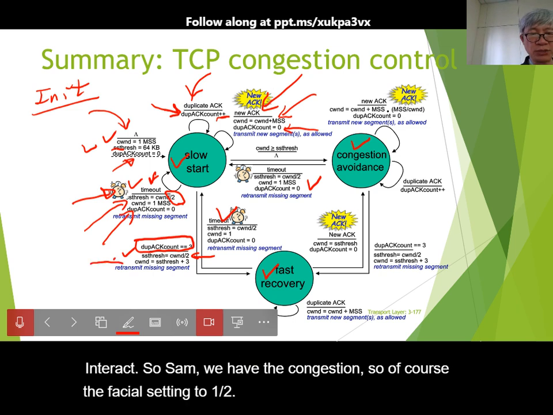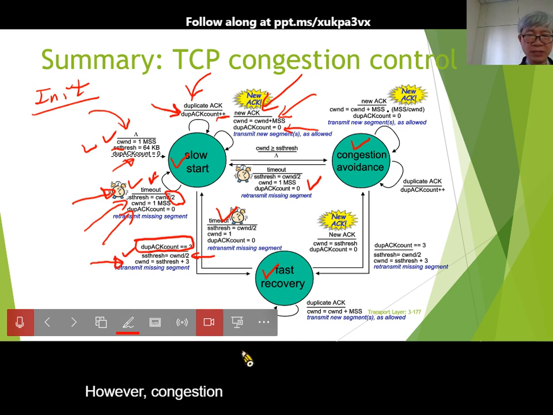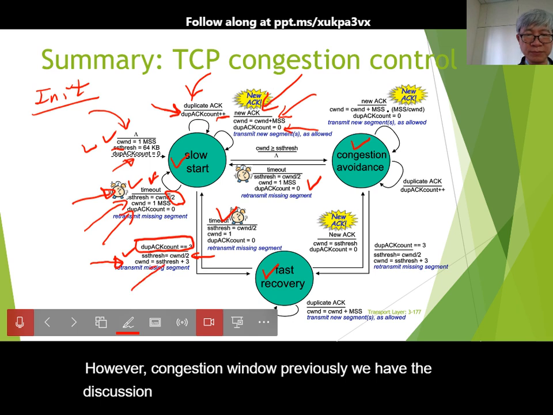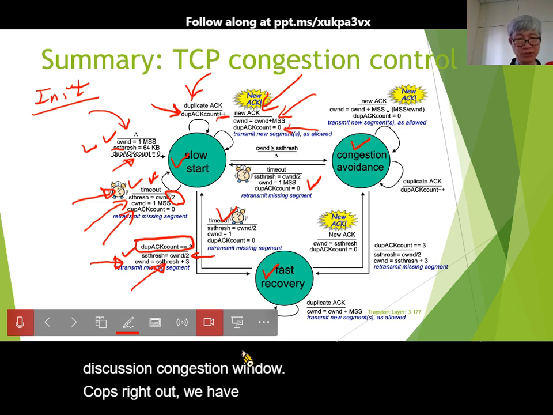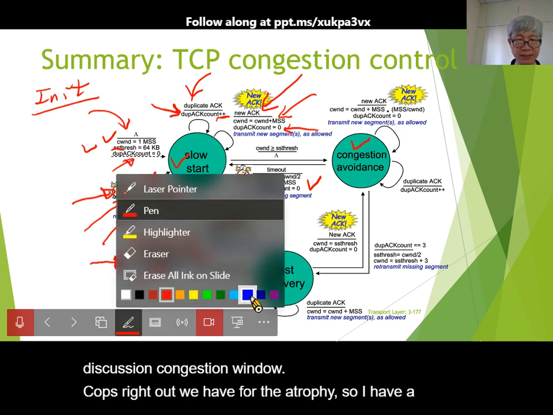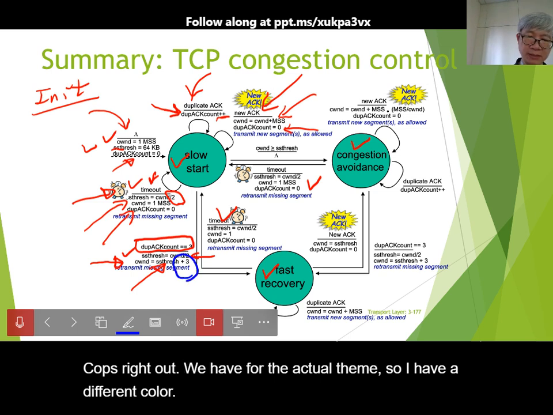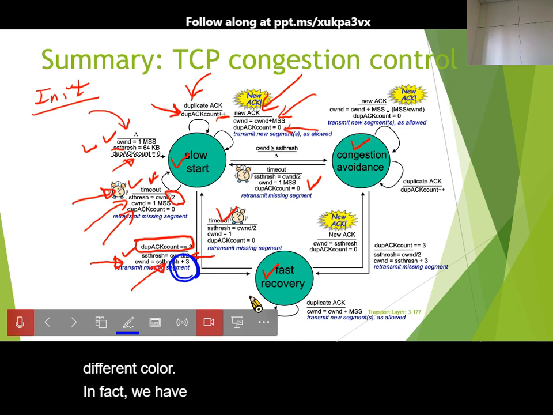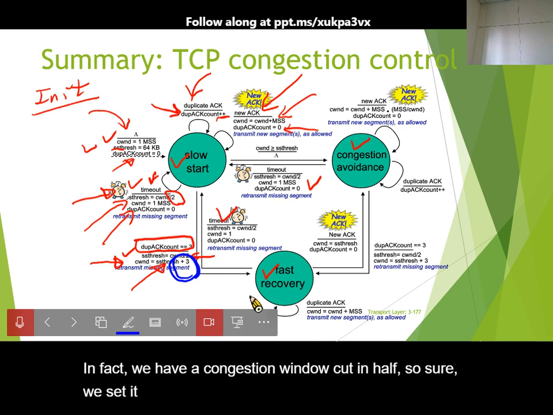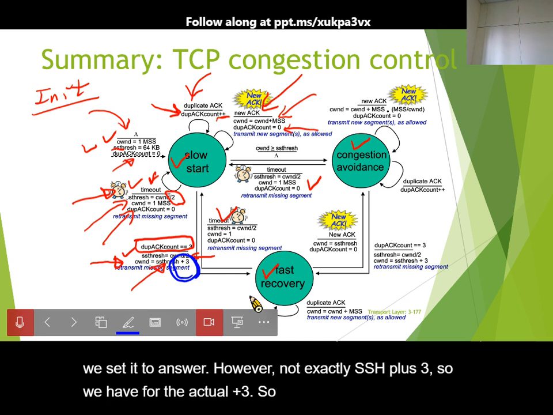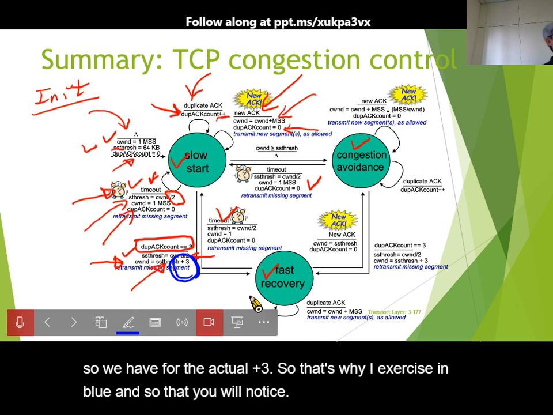However, for the congestion window, previously we had the discussion: the congestion window is cut in half, so we set it to SS threshold. However, not exactly SS threshold, but plus 3. So we have the extra part, plus 3. That's why I emphasize it in blue, so that you will notice we have an extra 3.